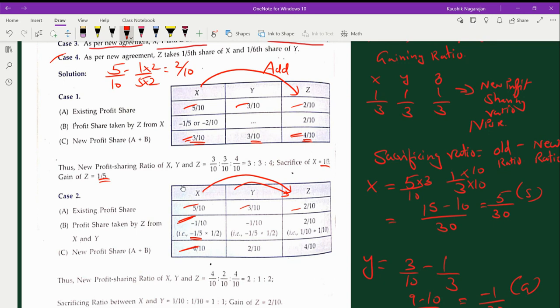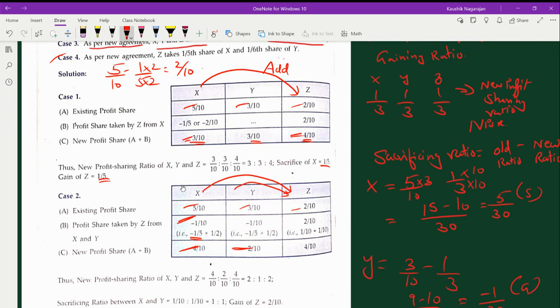That means 3 by 10 is the old ratio, and you are giving away some portion for the sake of Z. That means minus 1 by 10, which is nothing but 1 by 5 into 1 by 2, which gives you 1 by 10. So when you subtract 1 by 10 from 3 by 10, you will be left with 2 by 10.